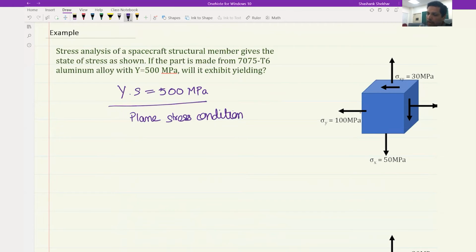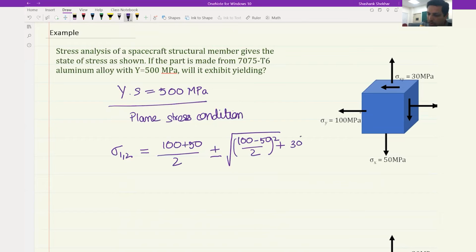Now, if we wanted to find the principal stresses over here, then we know that we can use these values and put them in the Mohr circle. Using the Mohr circle, you would know that this will become the center of the circle, which is the x and y stresses divided by 2, that brings you to the center of the circle, and then you find the radius, which is equal to the square root of 100 minus 50 by 2 whole square, plus this is the shear stress 30 square.